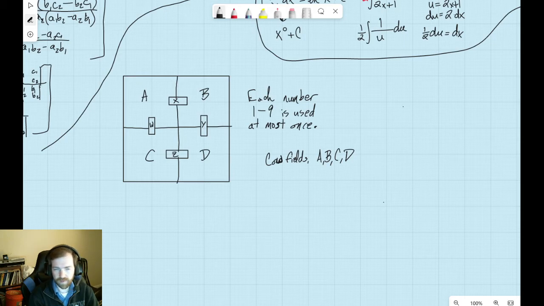That is the only piece of information I gave them. You've got cow fields A, B, C, and D, into which cows are put. The numbers 1 through 9 will be used at most once. Can you find the values for A, B, C, D, and W, X, Y, and Z?